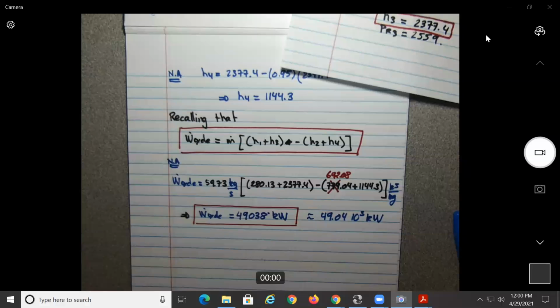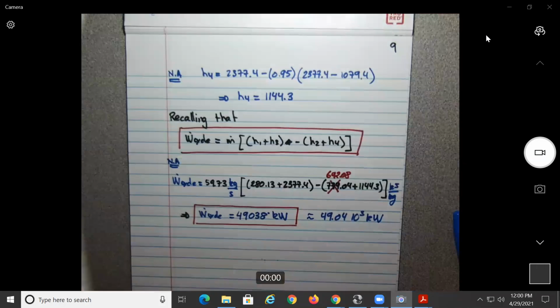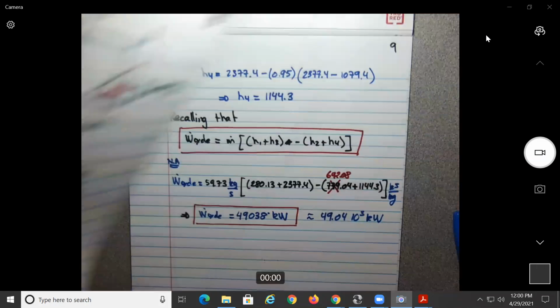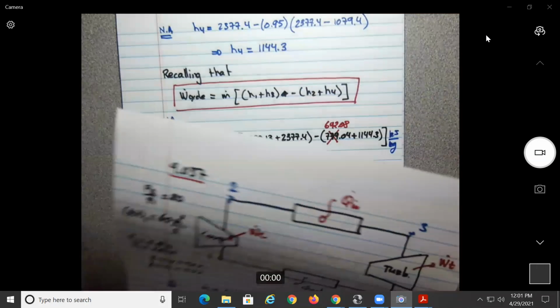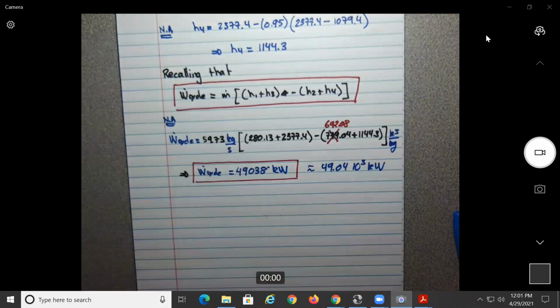So next thing we need to find is the Q in. I don't know if we have done it already. Looks like not on any of my pages, but basically what do we need to do? We just need to consider the control volume of this heat exchanger on top, okay?